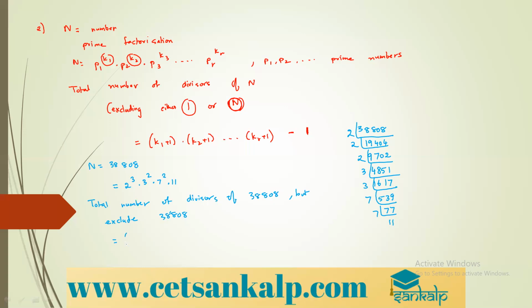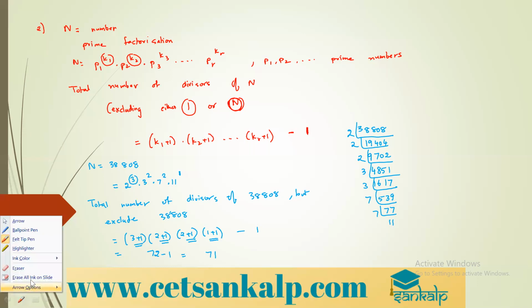So what you will do: power 3 plus 1, into power 2 plus 1, into power 2 plus 1. 11 has power 1, so 1 plus 1. From this you will be subtracting only 1. So here you will have 4 into 3 is 12, into 3 is 36, into 2 is 72, minus 1. So 71 divisors are there for this particular number, but among these divisors you are not counting 38,808.